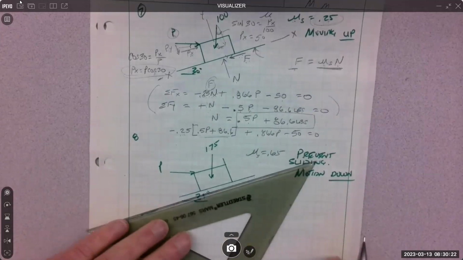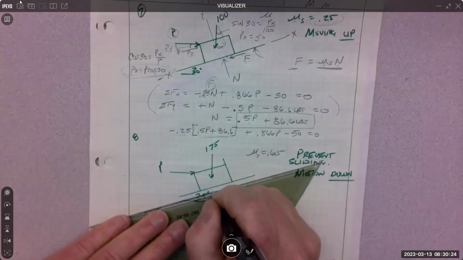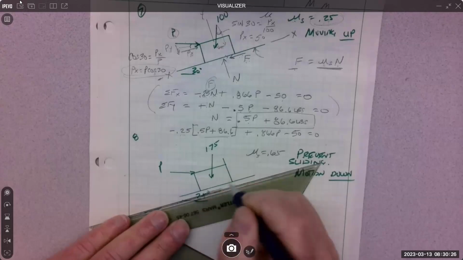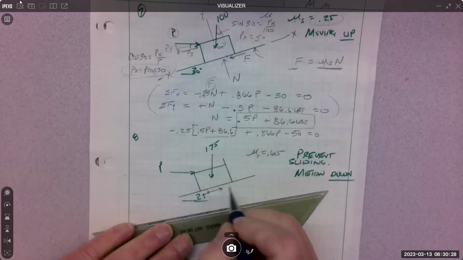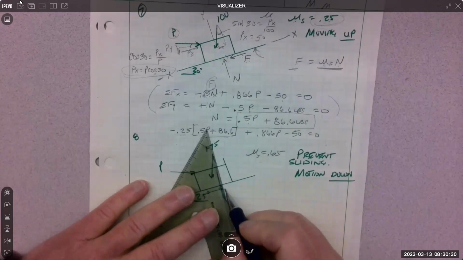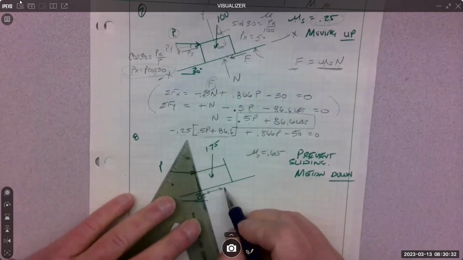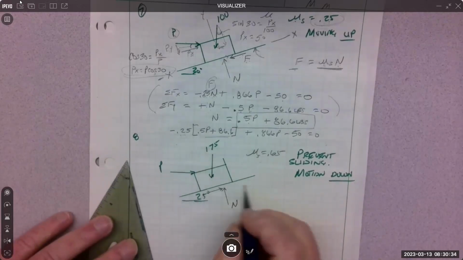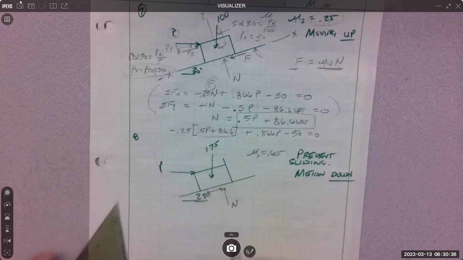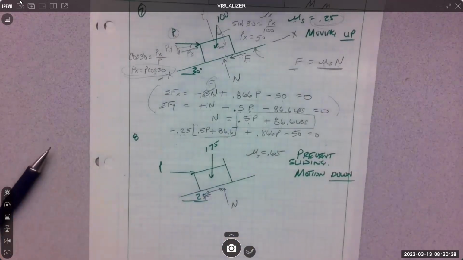So that means friction is going up the hill, because motion would be down the hill if it actually goes. 25 degrees is the slope.